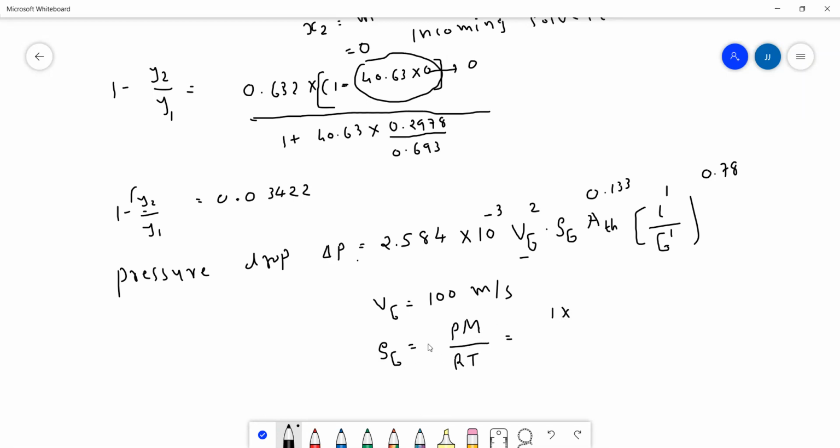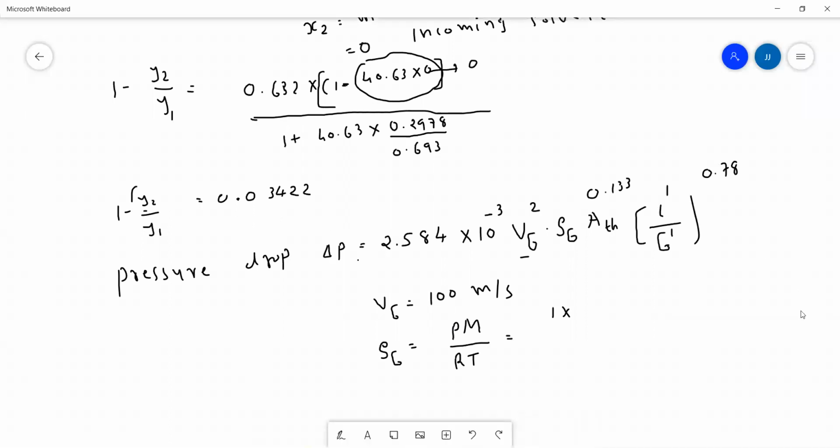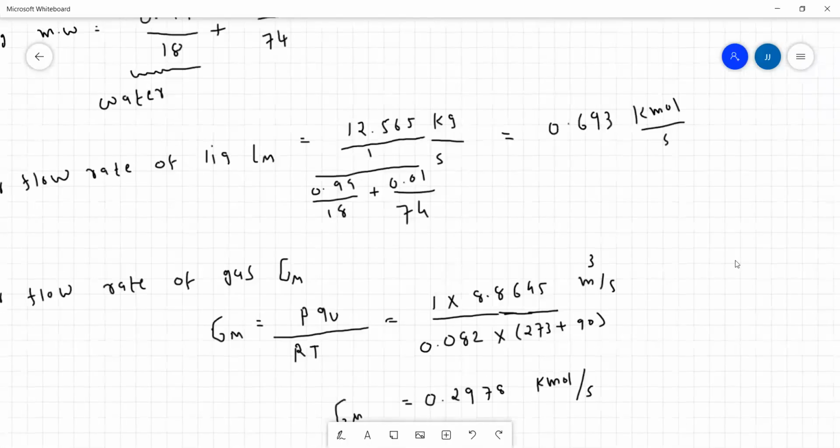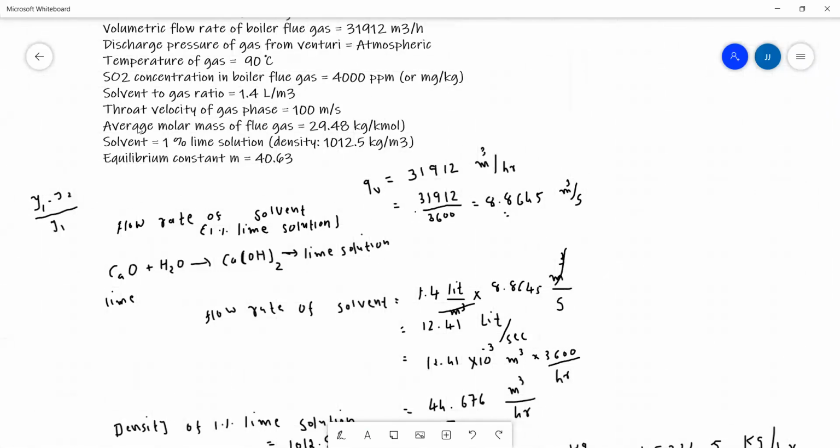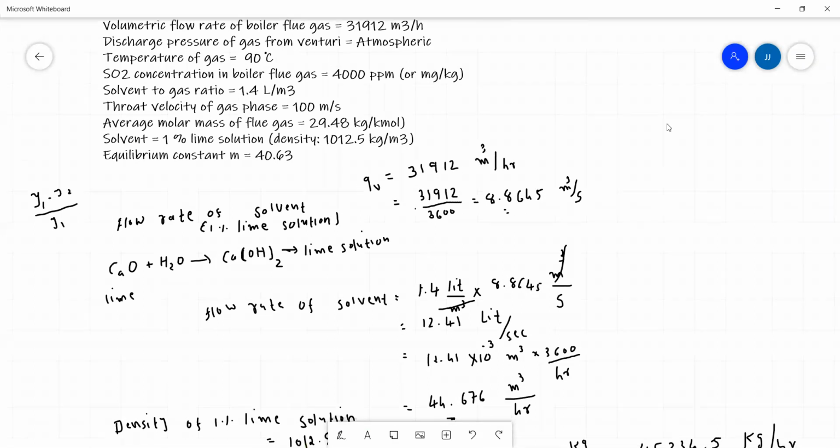It is also given: the average molar mass of flue gas is 29.48 kg per kilomole.